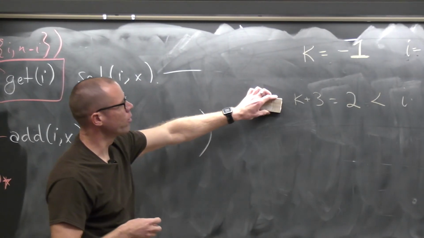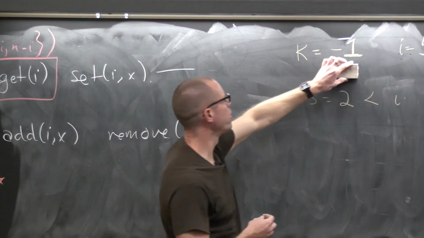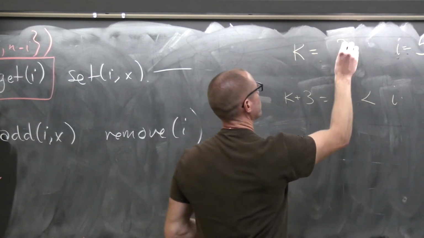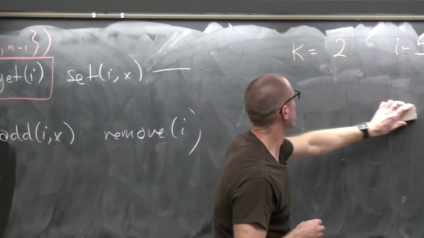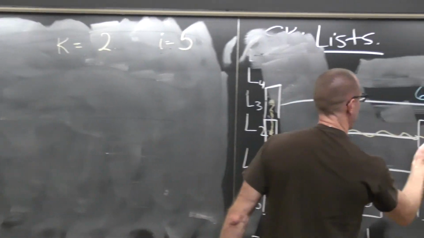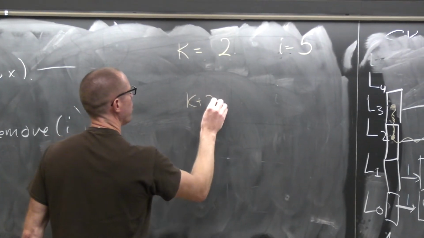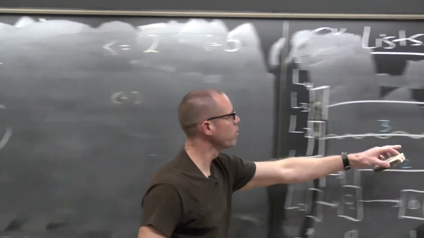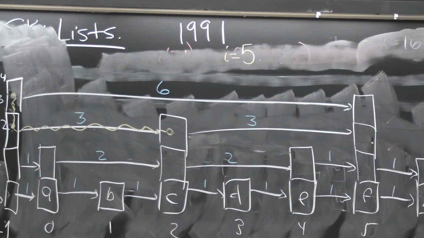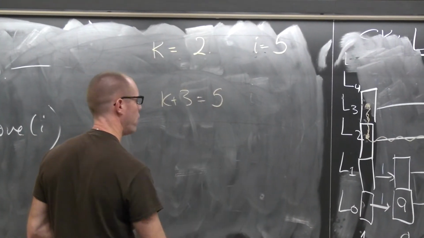And the value of k has changed now. Now I'm standing at a node whose index is 2. And now I just repeat the same question again. From here, with this new value of k plus, if I take a step to the right, it's on an edge of length 3. It's 5.